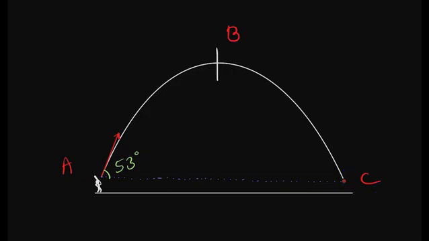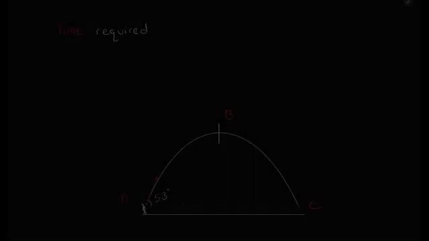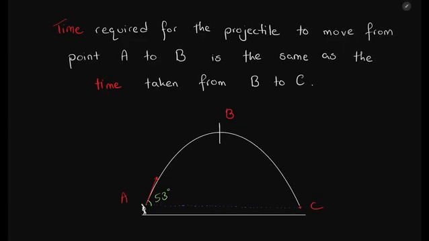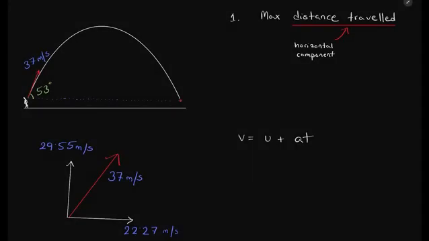As their heights are equal, the time taken from A to B will be the same as the time taken from B to C. So if we can find the time taken from A to B, we can multiply it by 2 to find the total flight time. Now we will be using the formula v equals u plus at. Here the time is interchangeable.